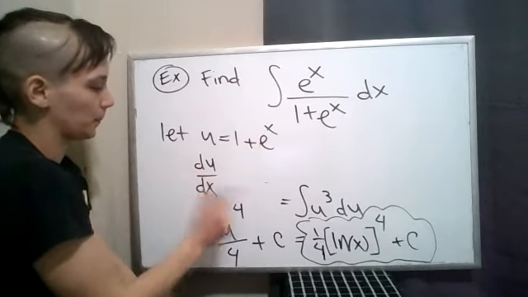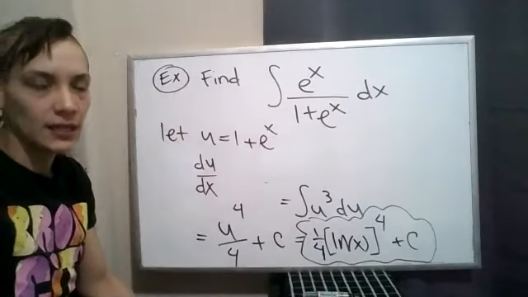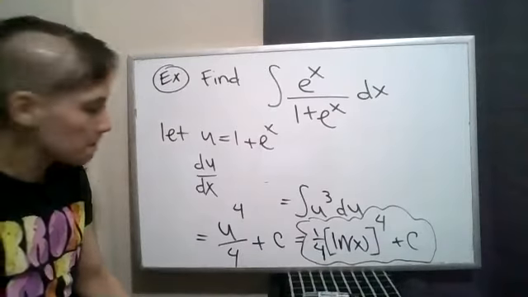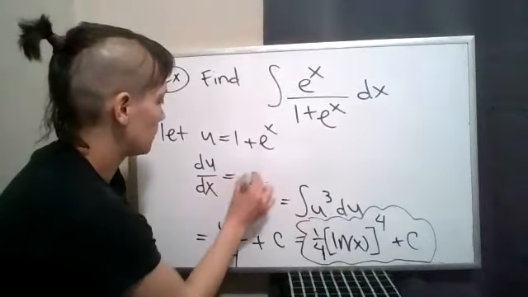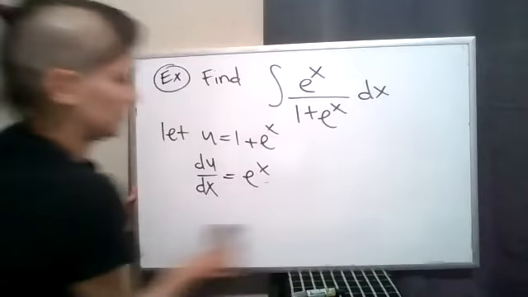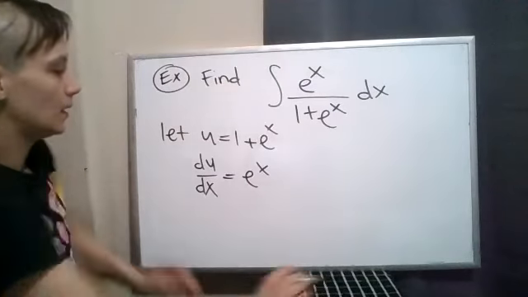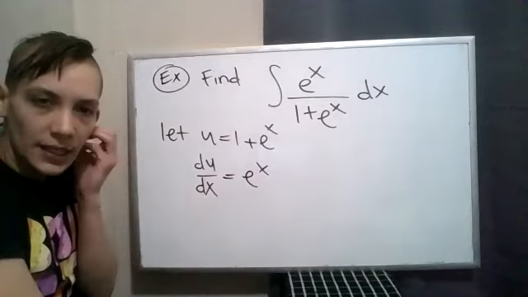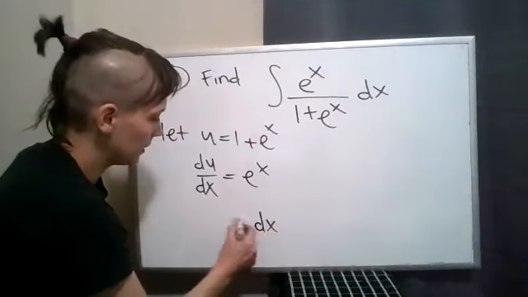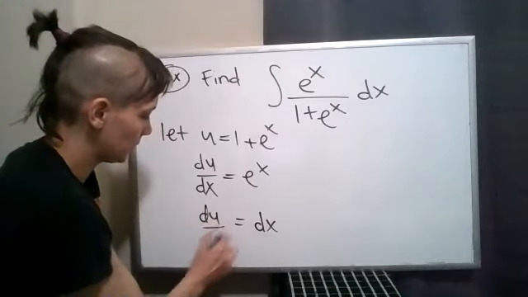Derivative would be e to the x. So dx is equal to du over e to the x.